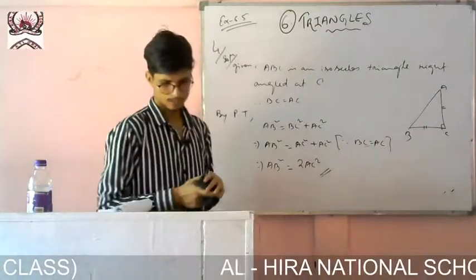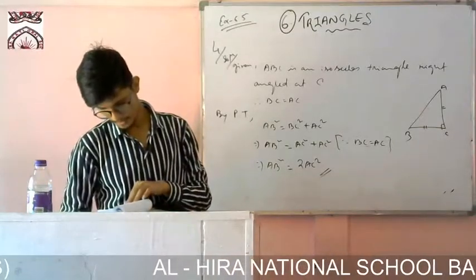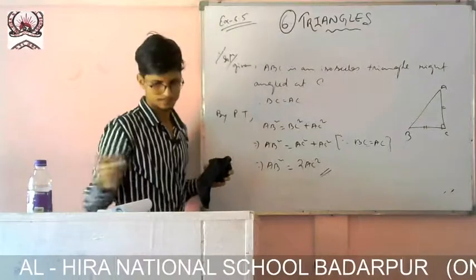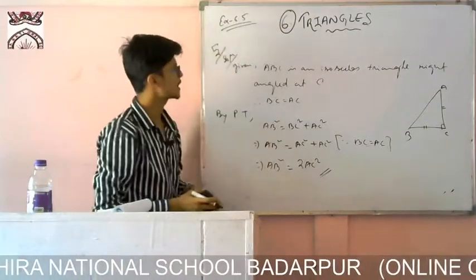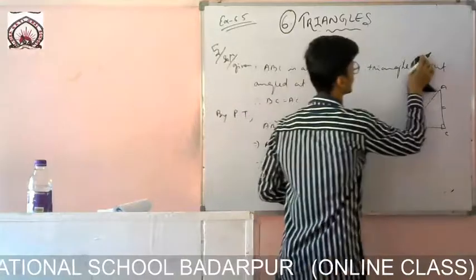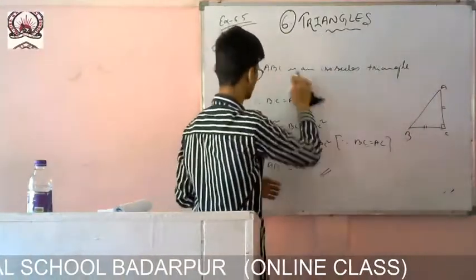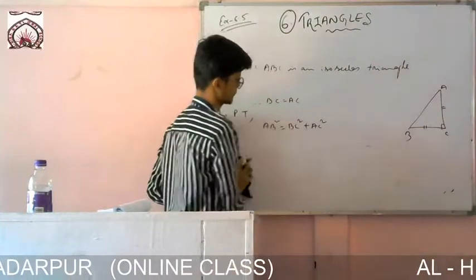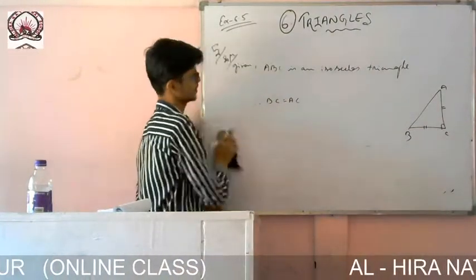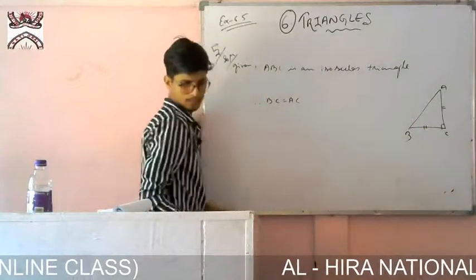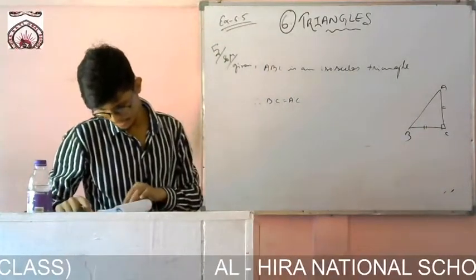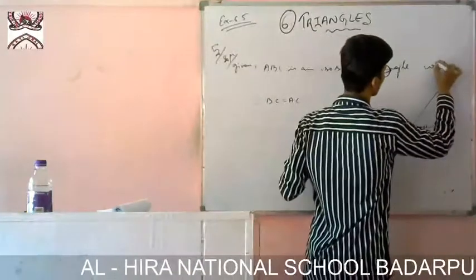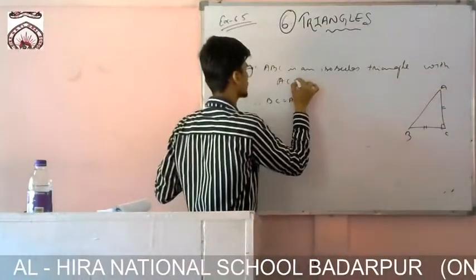Okay, so what is given? ABC is an isosceles triangle. Some small changes will be there. Given ABC is an isosceles triangle, right angle not said, with AC equals to BC.